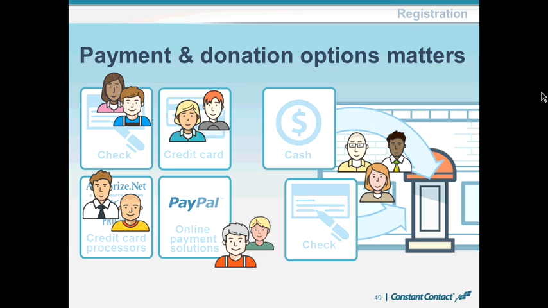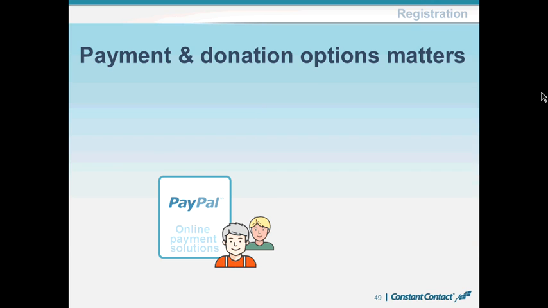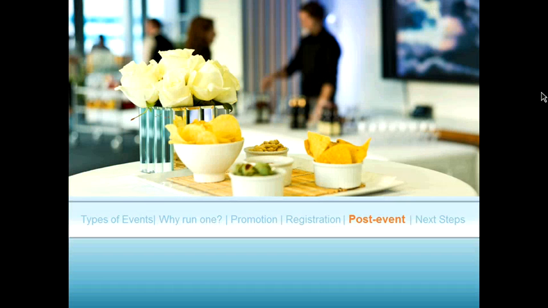So imagine a scenario we have here that shows certain potential attendees and the payment options they prefer. If you start to reduce the options available for paying for the event, you may be limiting the potential pool of people likely to register or attend. In other words, carefully consider how you will let people pay.